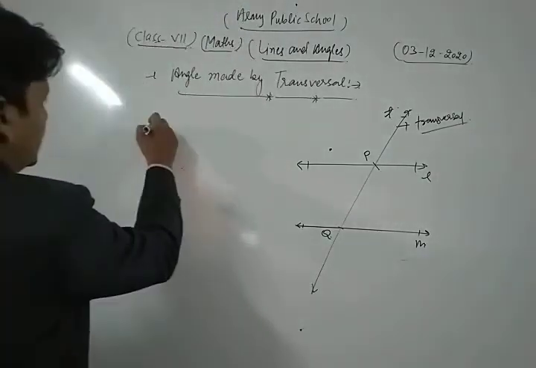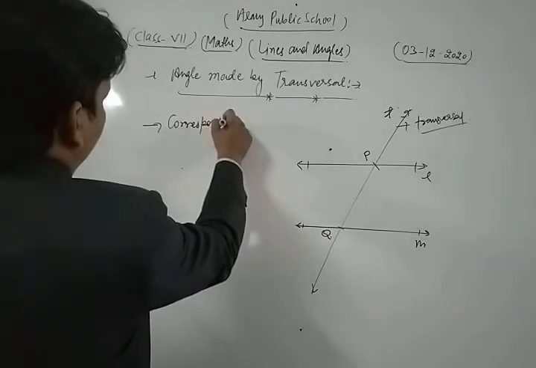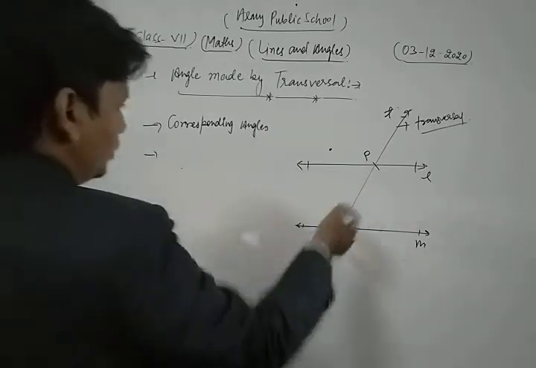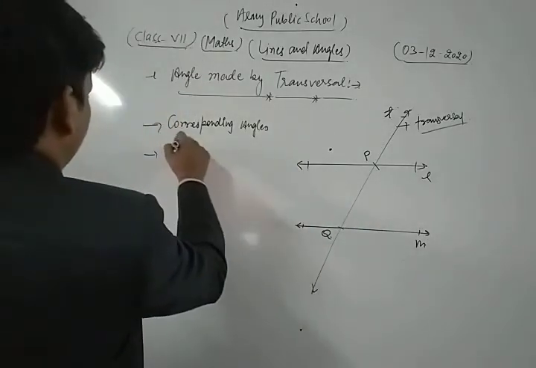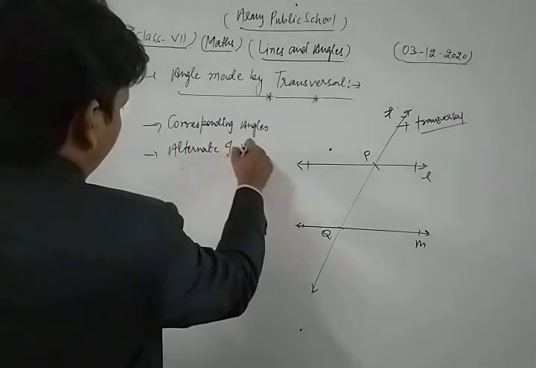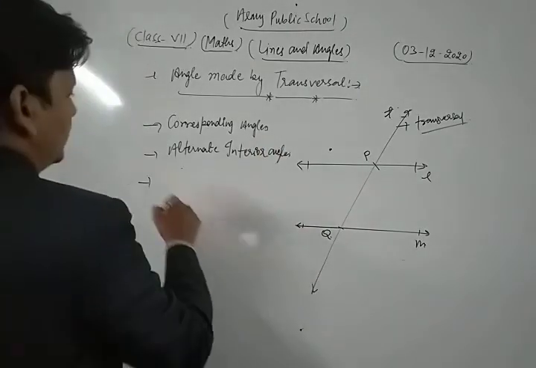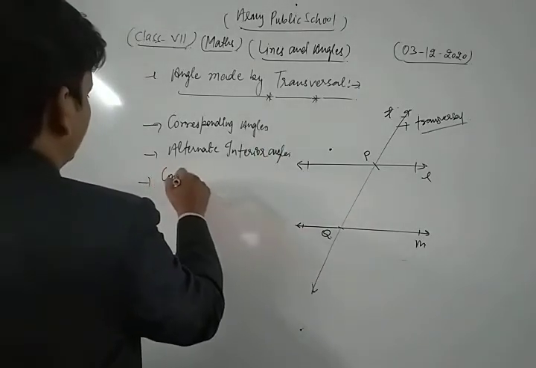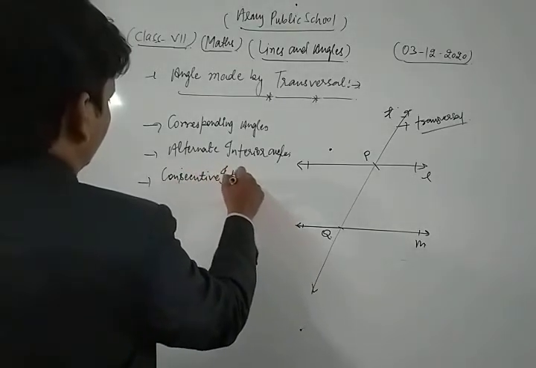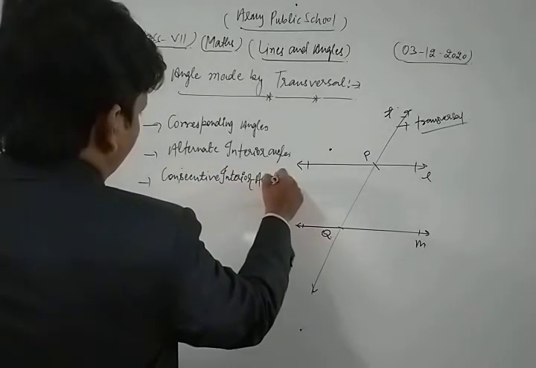Like the angles made by the transversal are: corresponding angles. Second one is alternate interior angles. Third one is consecutive interior angles.